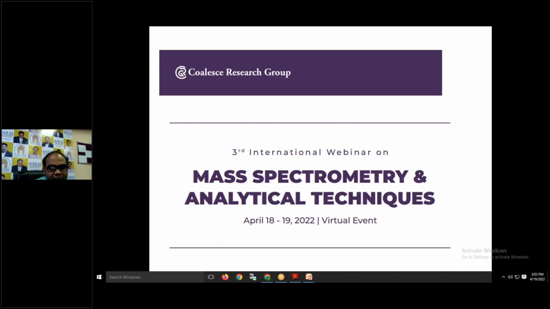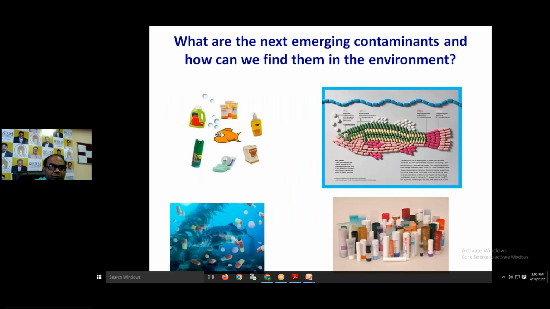The topic is almost related to your LCMS. This is an analytical technique, and we are using it for the identification of exposomics. One question comes to mind: what are the next emerging contaminants and how can we find them in the environment?